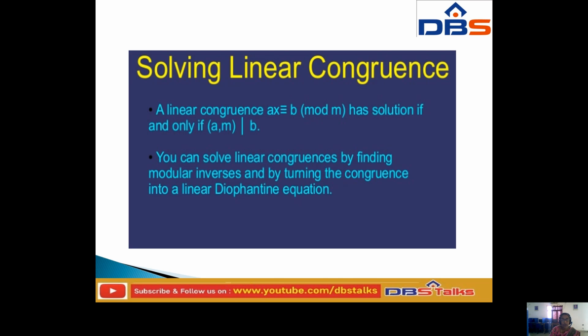If it has a solution if and only if GCD of a comma m divides b, then we can easily solve that equation. So we solve the linear congruence by finding the modular inverse, by turning the congruence into the linear Diophantine equation.